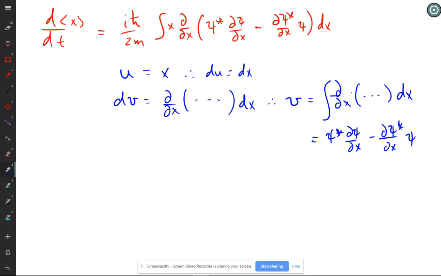So now I have my u and my dv, and I've calculated my du and my v. So now integration by parts. I meant to change colors.